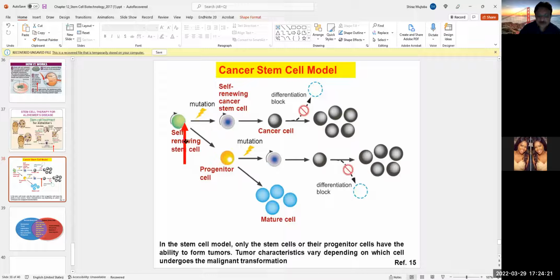So scientists are trying to work on cancerous stem cells. The problem with cancerous stem cells is that they stay dormant, right? So one of the concepts that is coming up is cellular dormancy. Cells are fine, normal. What happens when they're not functional?